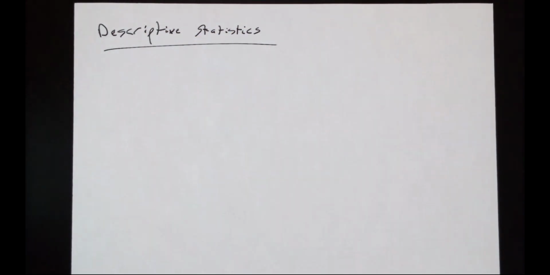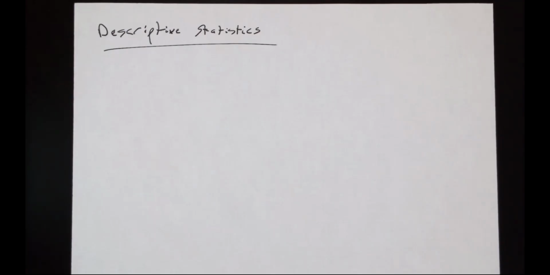I want to talk about descriptive statistics. I want to be able to describe the data basically the same way no matter who I'm talking to. So I really want to come up with a common set of adjectives and descriptors to make sure I understand how our data communicates back to us.